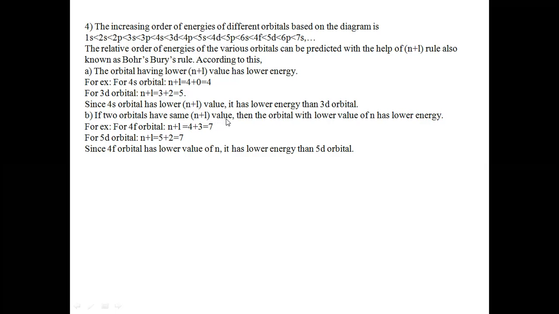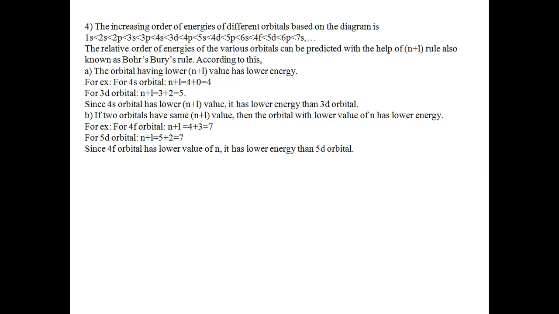Second example is if two orbitals have the same n plus L value. In the first condition, we have taken two different n plus L values, and the orbital which is having lower value of n plus L will have the lower energy.